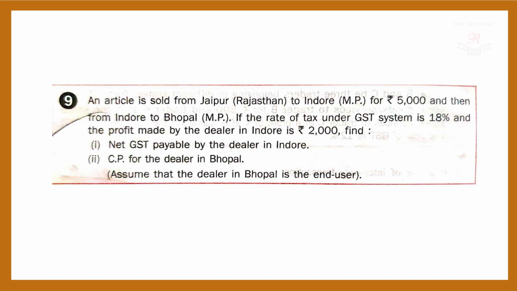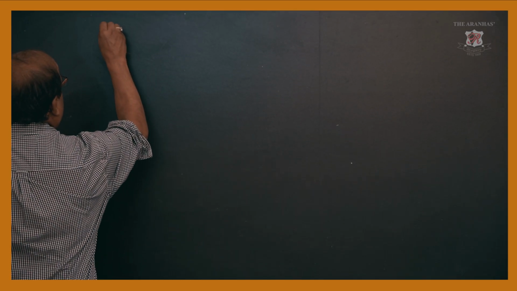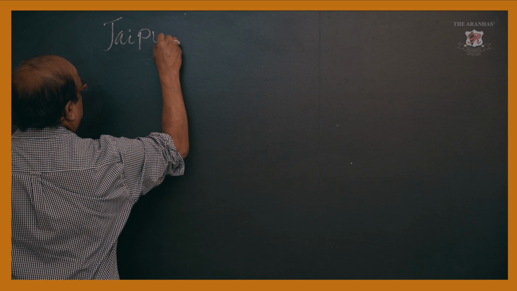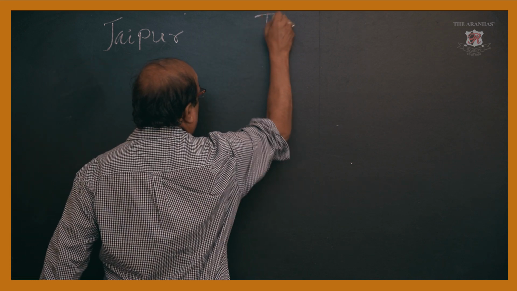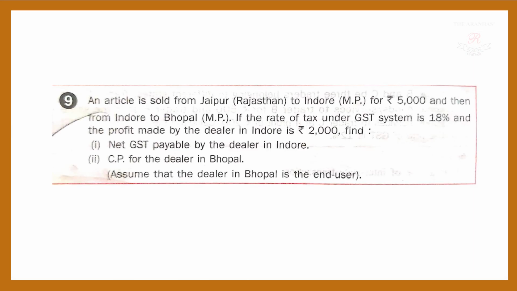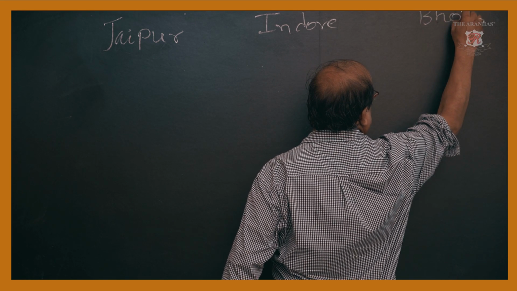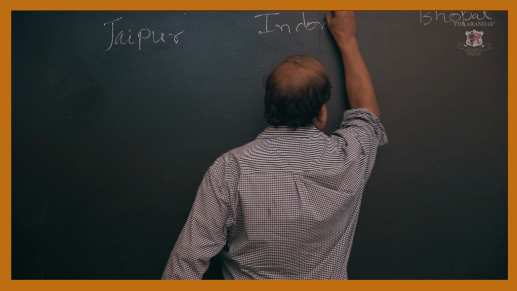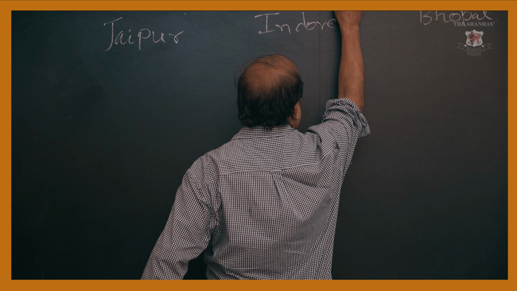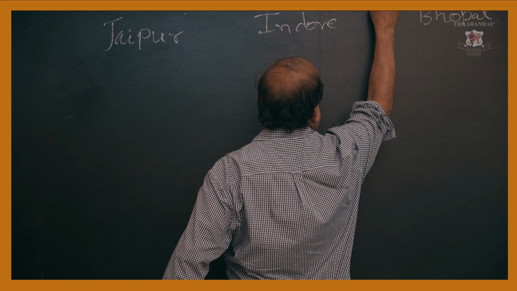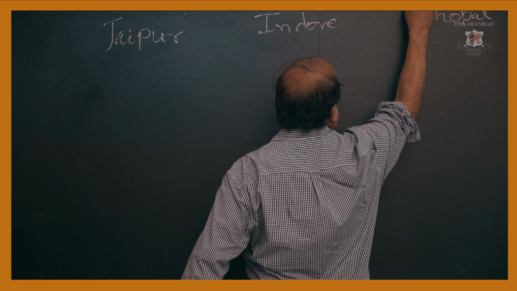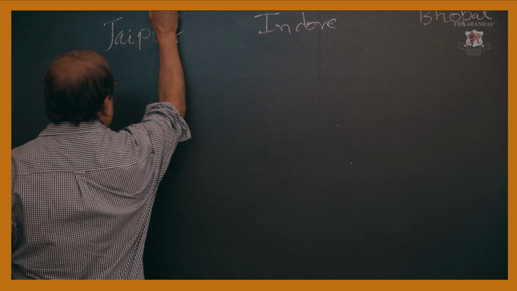Now if you look at this problem, an article is sold from Jaipur to Indore, and from Indore to Bhopal. This is clearly interstate and this is intrastate.